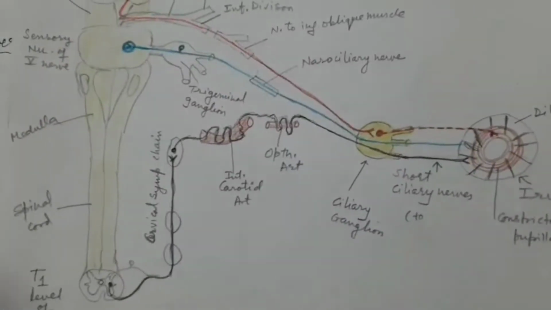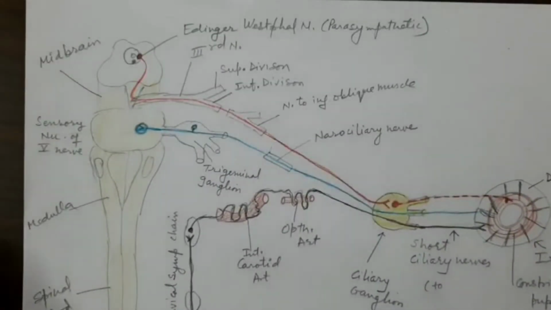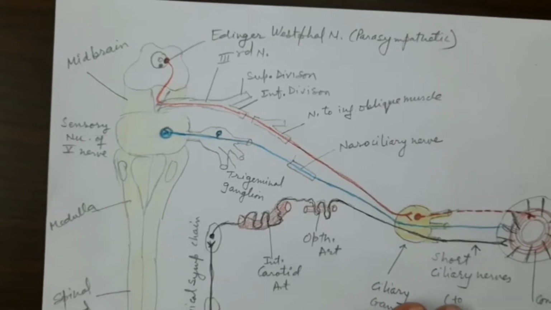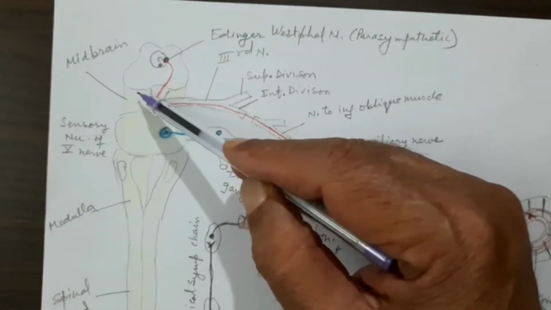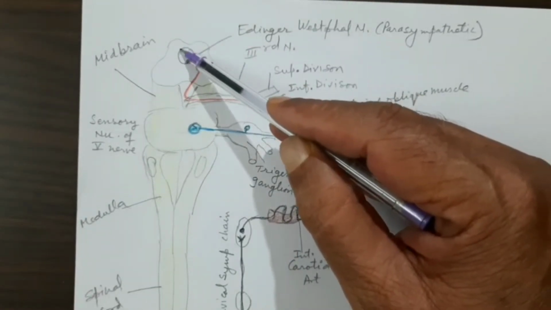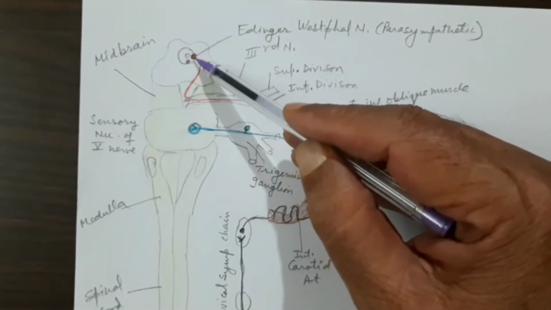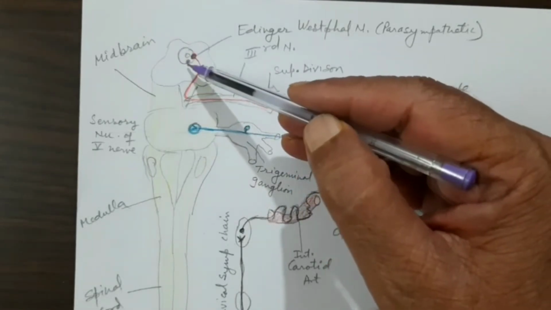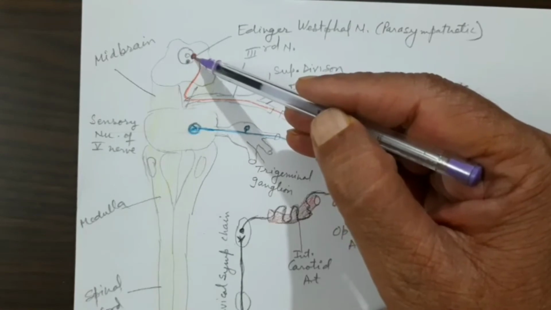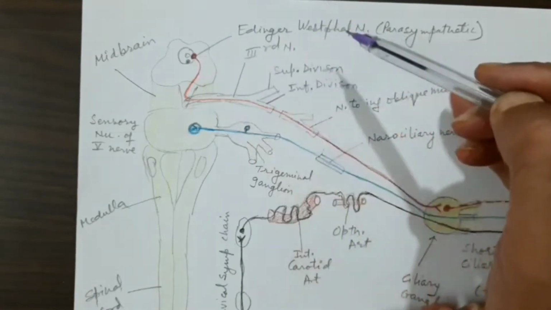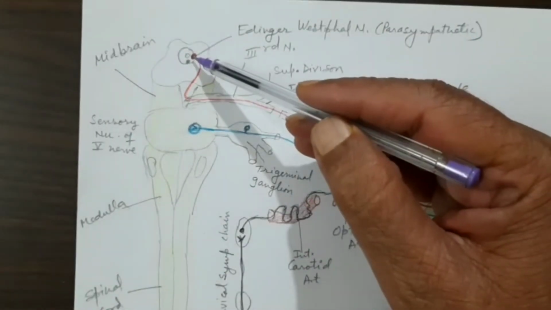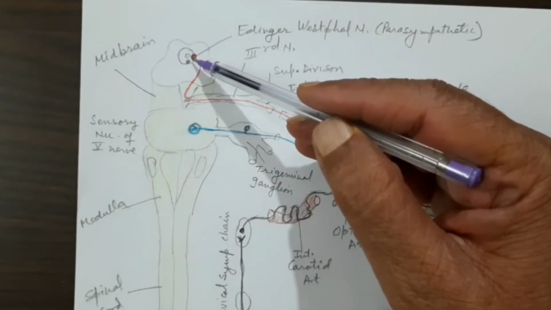Let us see this diagram and I will show you the location of the preganglionic parasympathetic neuron. This is a cross section of the midbrain, central canal, the periaqueductal gray matter, and then this is the oculomotor nucleus of this side, and just posterolateral to it, this is the Edinger-Westphal nucleus, which is a collection of the preganglionic parasympathetic neurons.